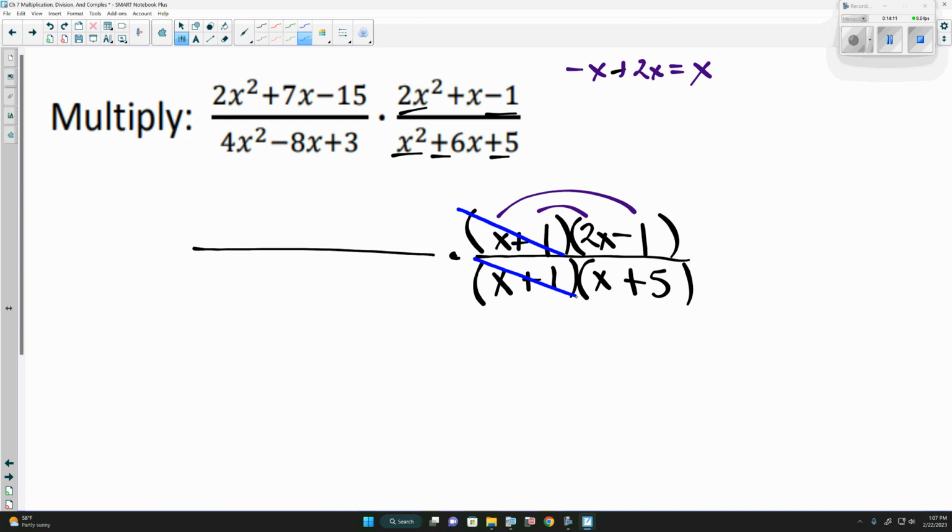2x squared plus 7x minus 15. And again, 2, 7, 15, no greatest common factor, and there's not one with variables. So we have our 2 sets of parentheses. Third term's negative, the signs are opposite. One's positive, one is negative. Factors of the first term, 2x squared.